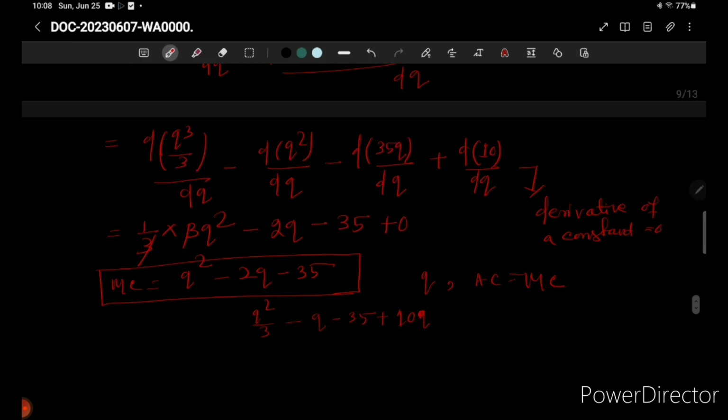So this is also 10 divided by Q, which is equal to marginal cost, that is Q square minus 2Q minus 35.